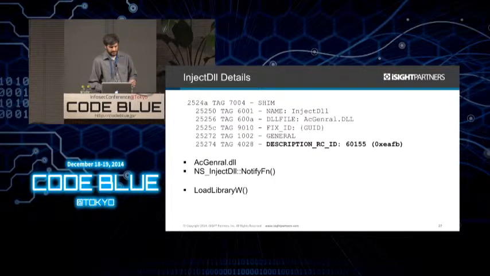And if you look in there, it's literally just a call to LoadLibrary. So all an attacker has to do is create a DLL with their code in DllMain and tell the InjectDll shim that it should load this DLL. Then you've got code exec in a process very easily.